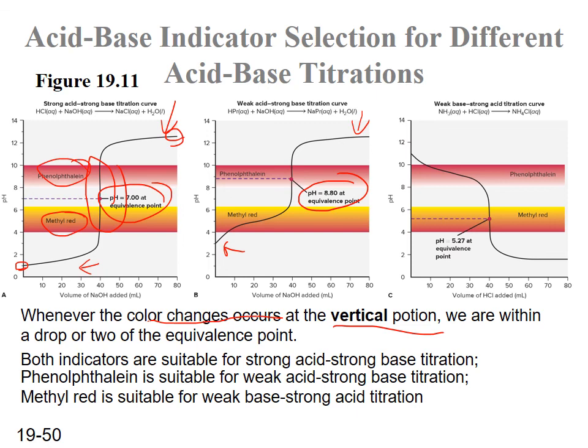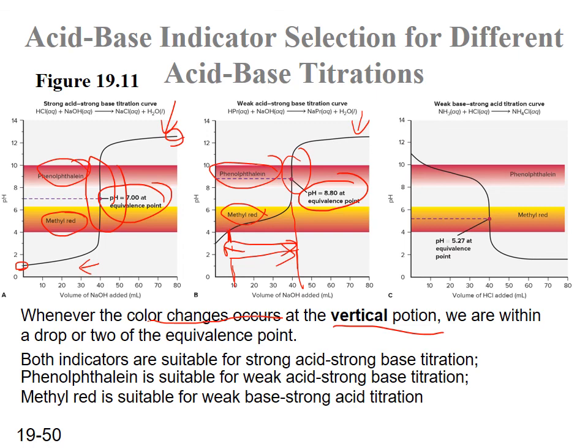Now for this titration curve, phenolphthalein is still good because it's in the vertical region, but methyl red is not. To cause the color change, you need a large volume change from 10 to 45. That's a huge volume of sodium hydroxide that needs to be added to make the color change.